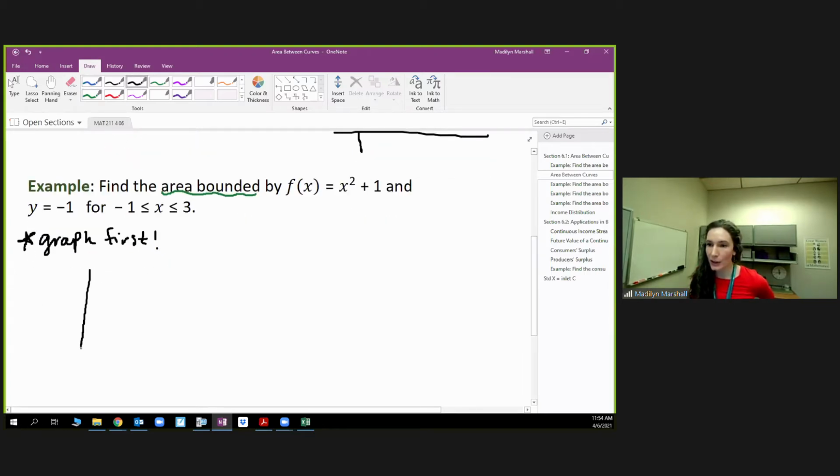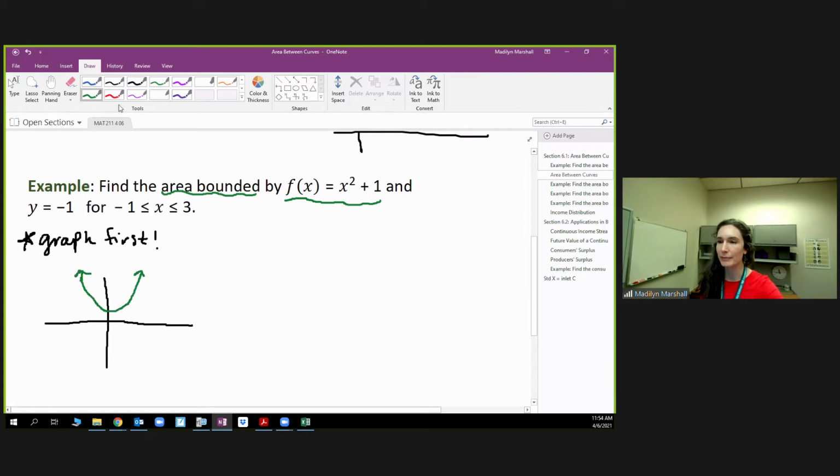And so you could just plug those two things into Desmos or a graphing calculator quickly. This one is not too hard to make a little sketch of by hand. So we have this f, which is x squared plus 1. So that's just a parabola with 1 as its y-intercept. And we have y equals -1, which is just a horizontal line at -1.